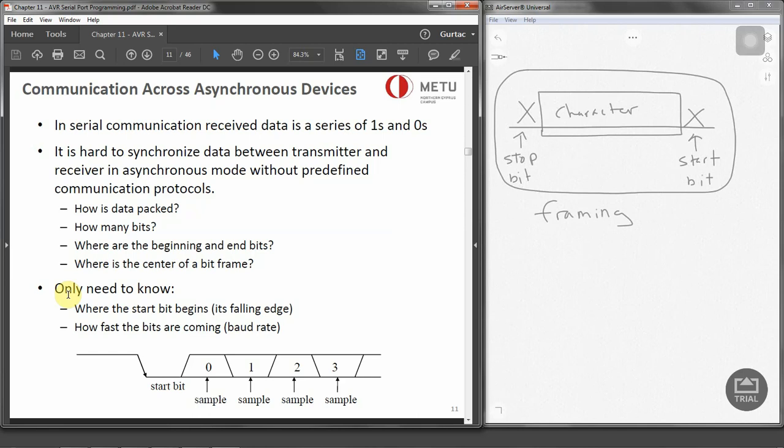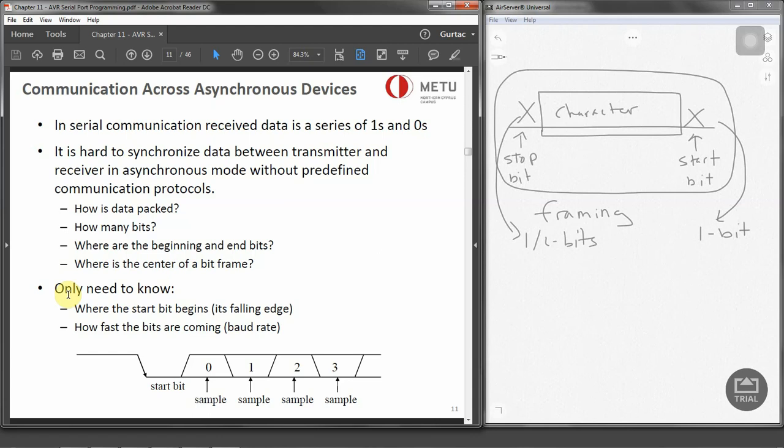So in data framing for asynchronous communication, the data, such as ASCII characters, are packed between the start bit and stop bit. Now, the start bit is always one bit, but the stop bit can be 1 or 2 bits.